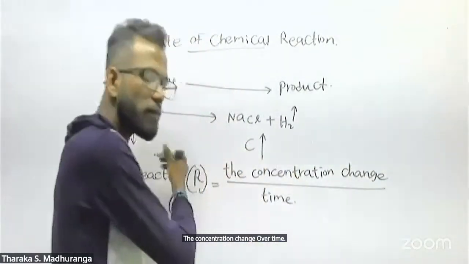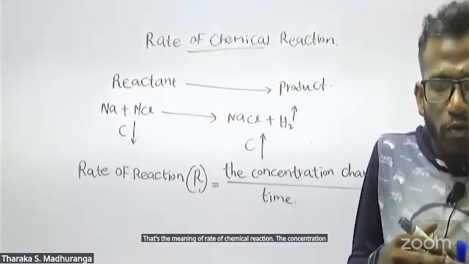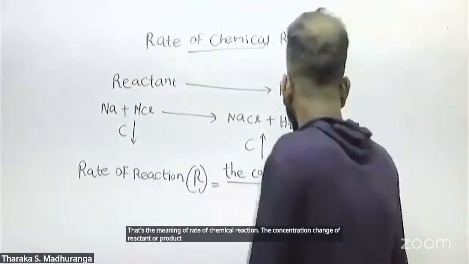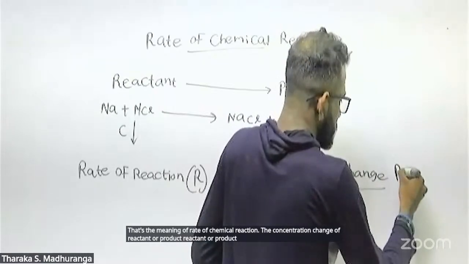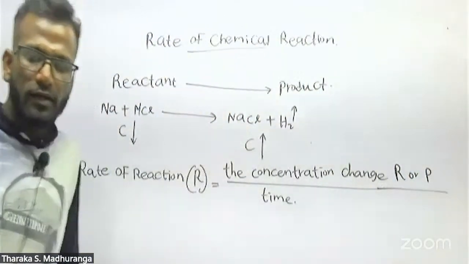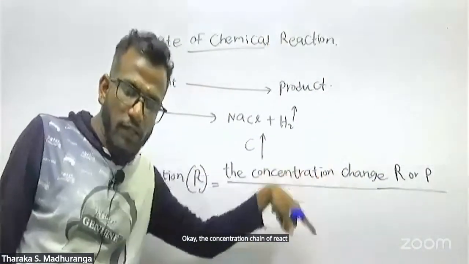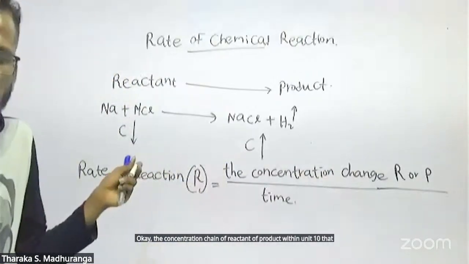That's the meaning of rate of chemical reaction. The concentration change of reactant or product within unit time, that is the rate of chemical reaction.